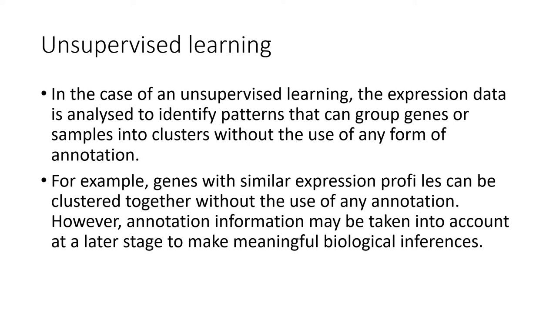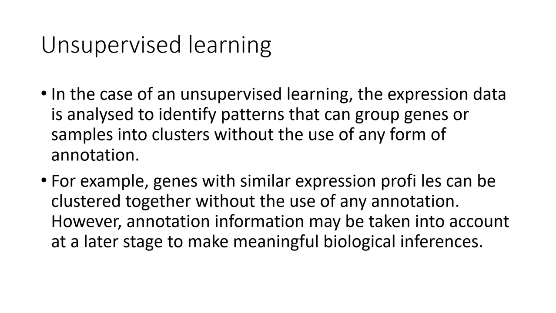In the case of unsupervised learning also, we can use the annotation at a later stage to make a meaningful prediction. Suppose the data belong to cancer data, so we can use that information for any confirmation or analysis. But what is the idea behind unsupervised learning? It is purely based on the outcome patterns, the output of the result.